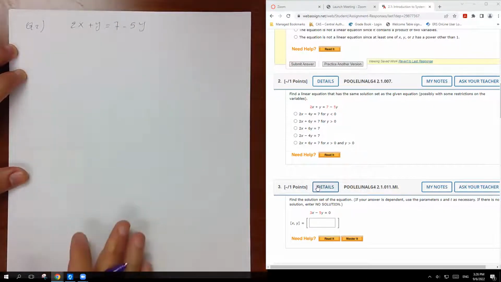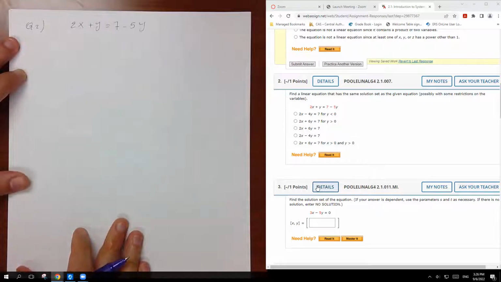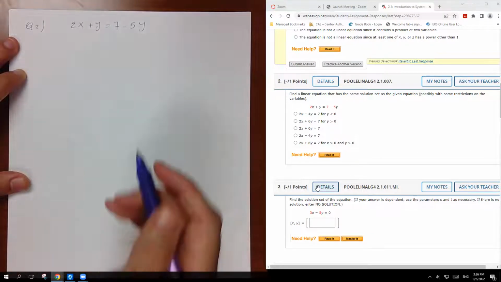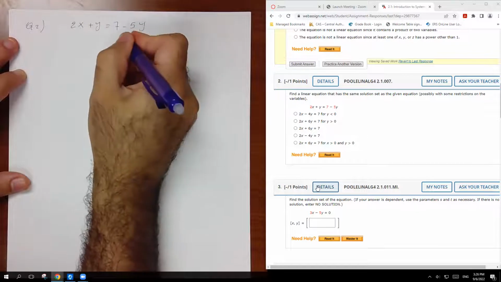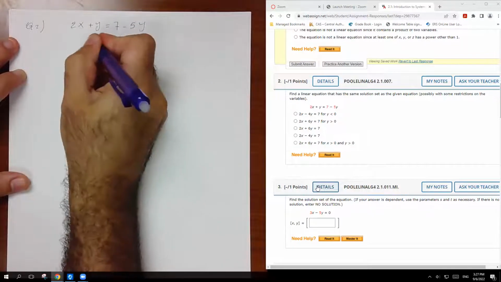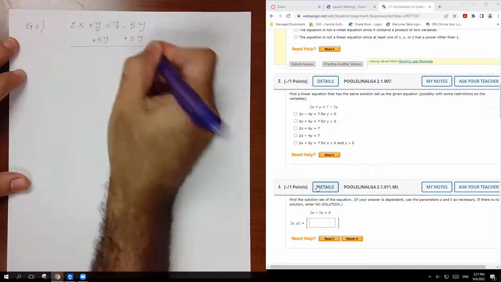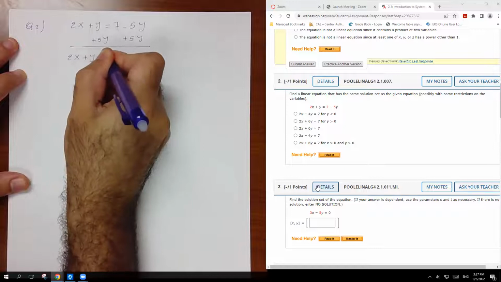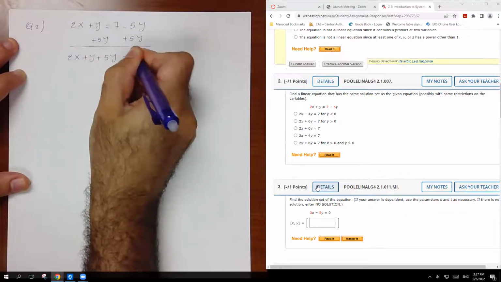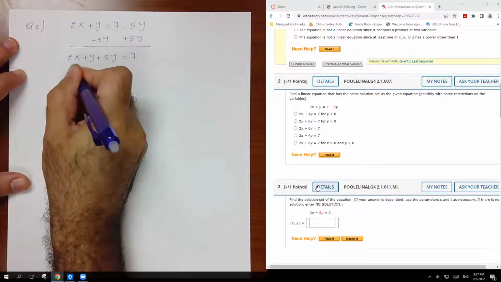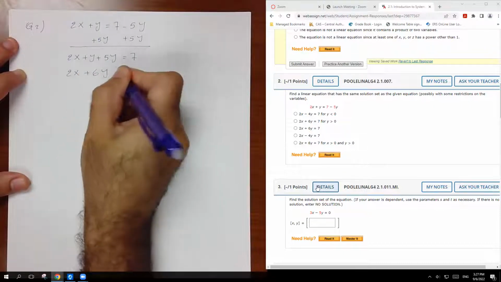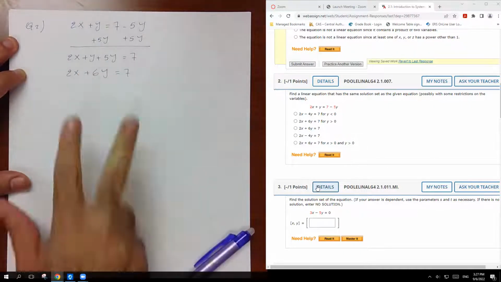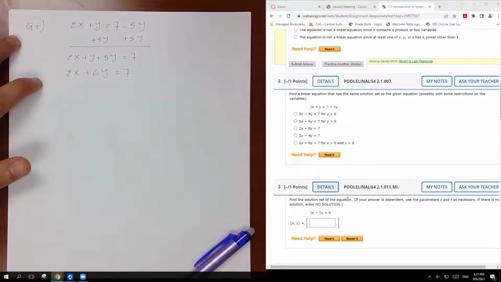I'm going to put the variables on one side and keep the numbers by themselves on the other side. So I'm going to move 5y. That means it's going to be 2x plus y plus 5y equals 7. So 2x plus 6y equals 7. That means this one is exactly the same, 2x plus 6y equals 7. That means this is the right choice.